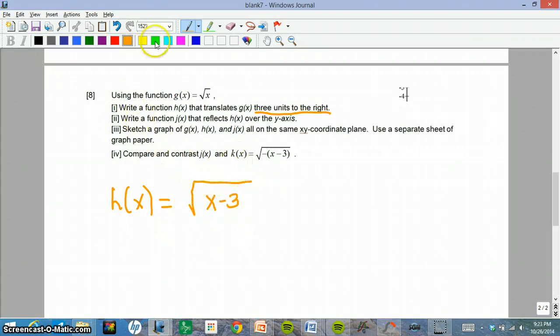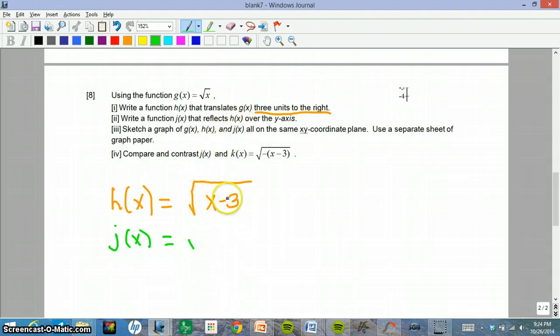Part 2, write a function j of x that reflects h of x over the y-axis. So given the verbal, this is just like the previous problem, except you are just given words here. You need to write the notation. Write a function that reflects over the y-axis. Then I have to reflect h of x over the y-axis.